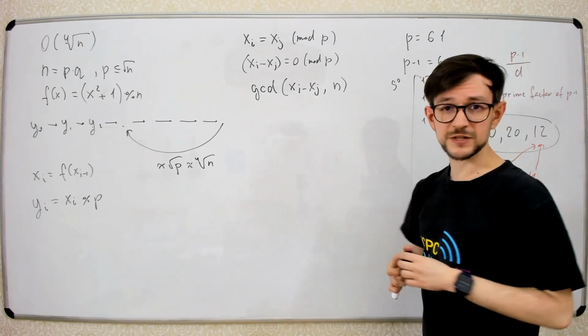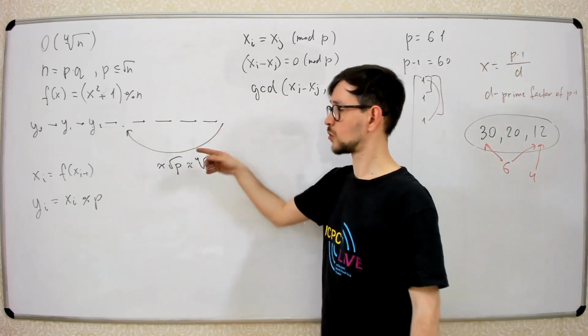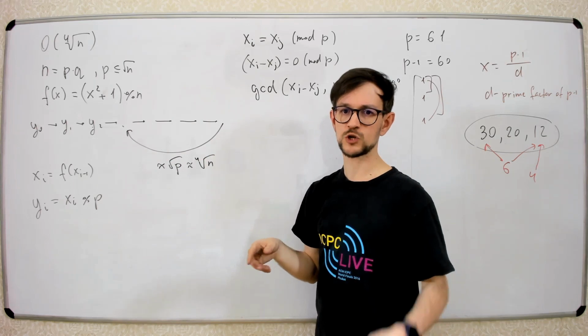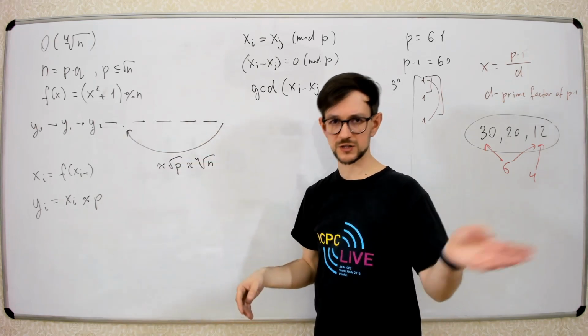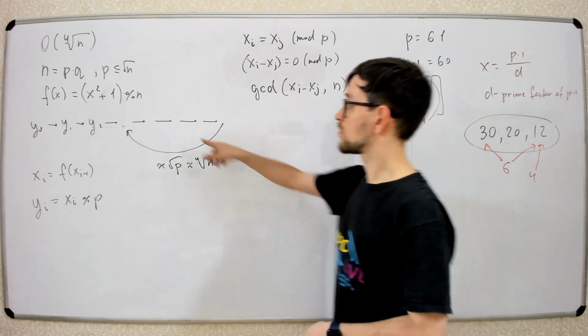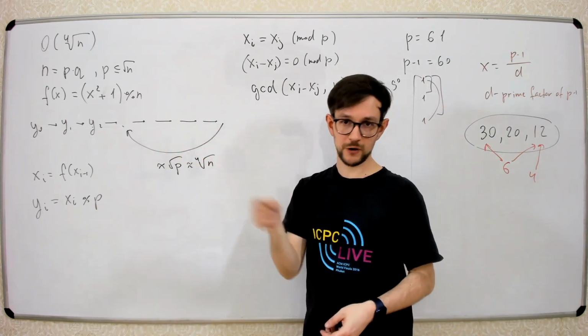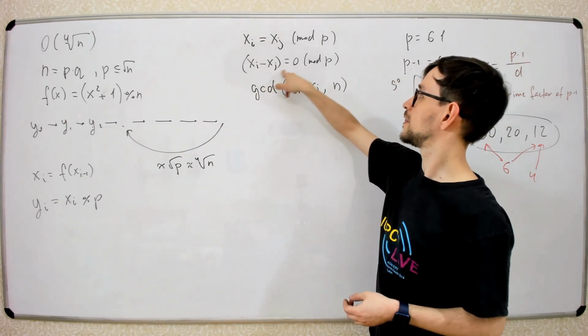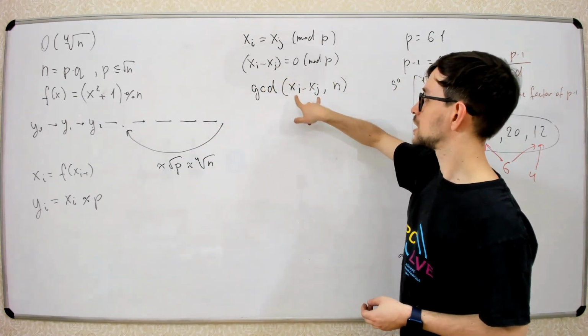It's also possible that I have a period modulo n. That's a bad case. Sometimes you have a period modulo n. Then you just pick another random number and start the process all over again. But if you have a period modulo p, but not a period modulo n, then you have two different numbers, and they're divisible by this p. So you take the difference of the numbers.